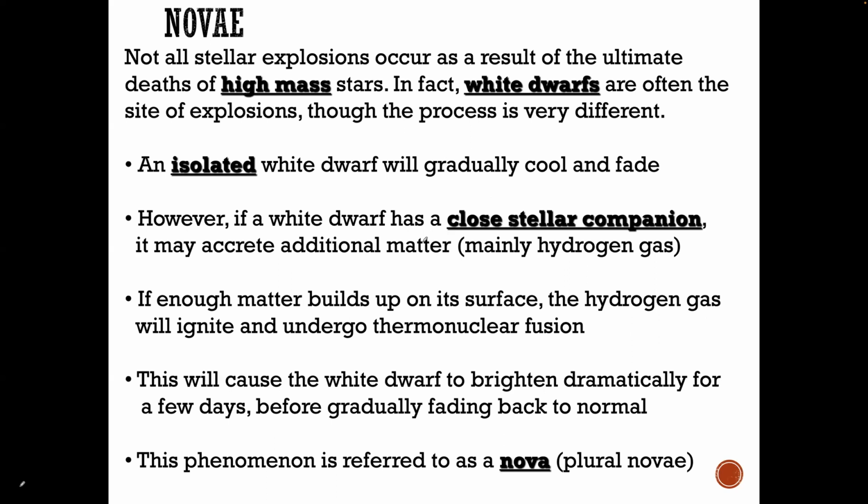Because of that, the white dwarf suddenly brightens very dramatically, so that you can observe it very easily for a few days, until it finishes these fusion reactions and then fades back to normal conditions. This phenomenon we call a nova. We don't call this a supernova because there is no explosion, right? This phenomenon is called a nova, right?